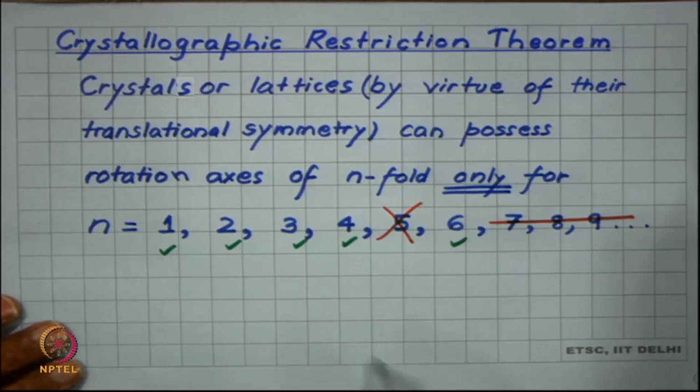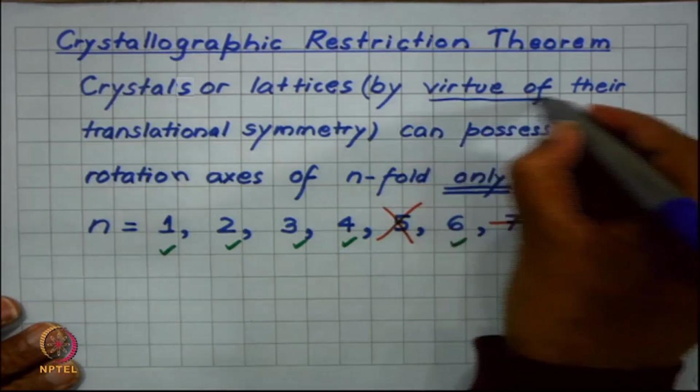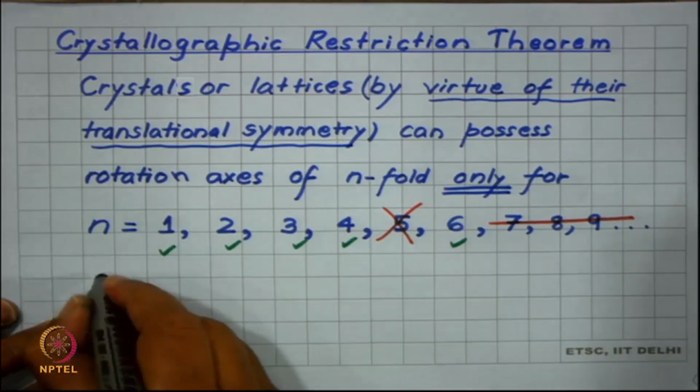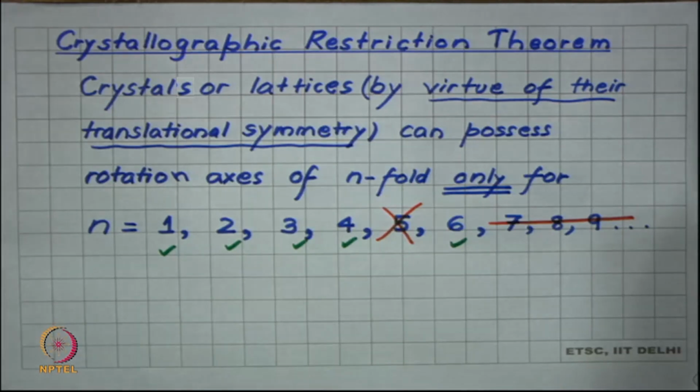We will not prove this, but it is interesting to know that only these symmetry axes can be present in a crystal, no other. And this is by virtue of their translational symmetry. Any other symmetry axis, let us note that down.